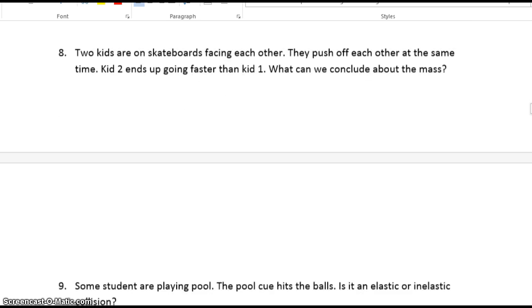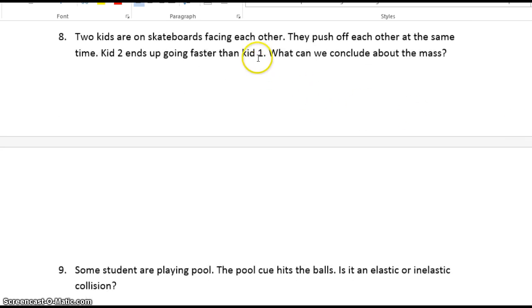So the next question is two kids are on skateboards facing each other. They push off each other at the same time. Kid 2 ends up going faster than kid 1. What can we conclude about the mass? So what's happening here is conservation, with equal and opposite forces taking place.